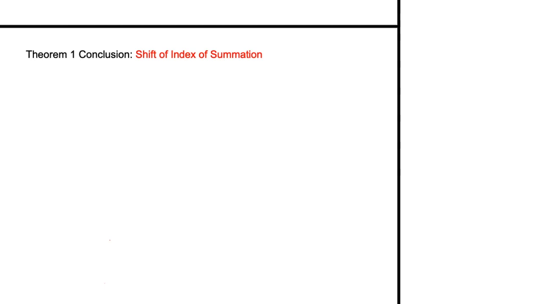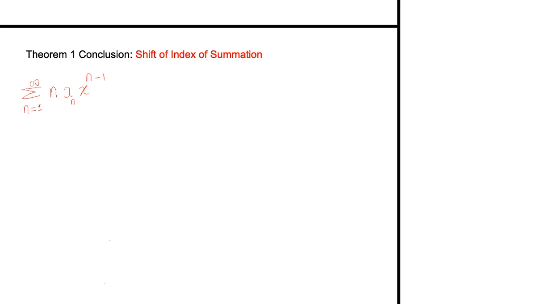Let us consider a series that can be written as n into a n x to the power n minus 1, and the summation is started from n is equal to 1 and goes to infinity.